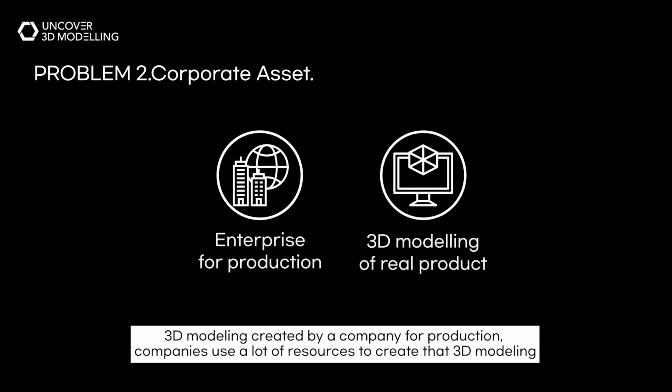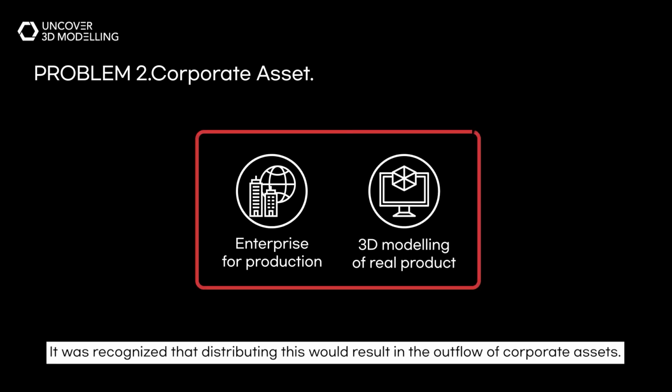Problem 2. Corporate 3D modeling has been considered a corporate asset. Companies use a lot of resources to create the 3D modeling for production. It was recognized that distributing this would result in the outflow of corporate assets.